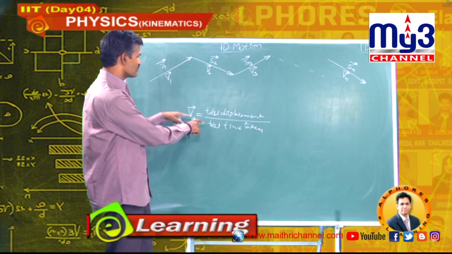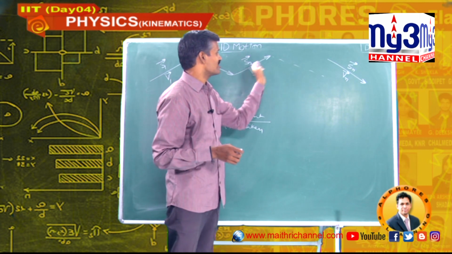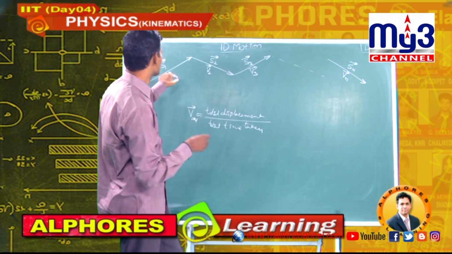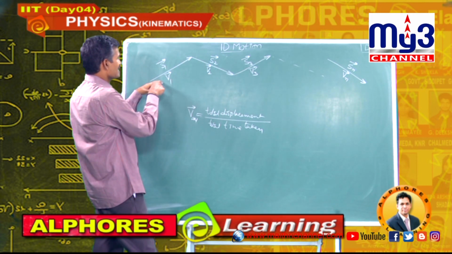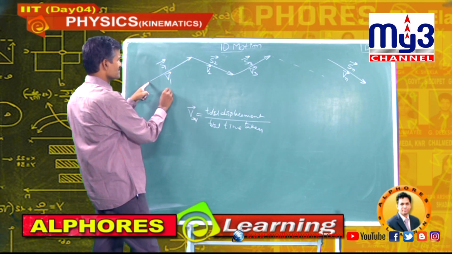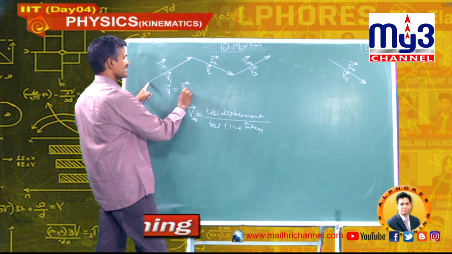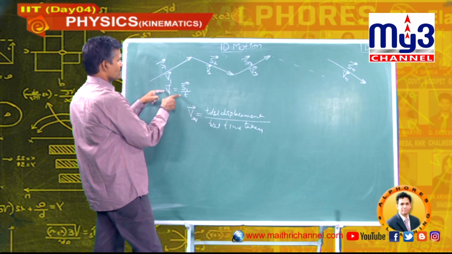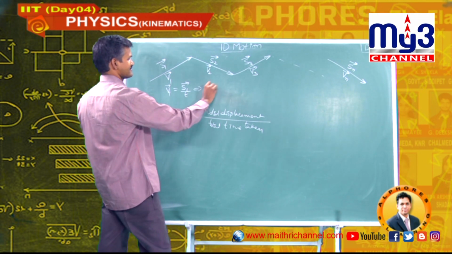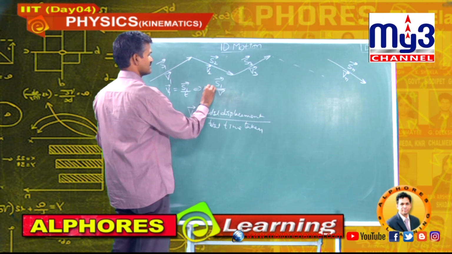So, here how to calculate the time? The time is not mentioned. So, to calculate the time, first we have to calculate the time for this interval. We know that V1 bar is nothing but S1 bar by T. So, time is S1 bar by V1 bar.